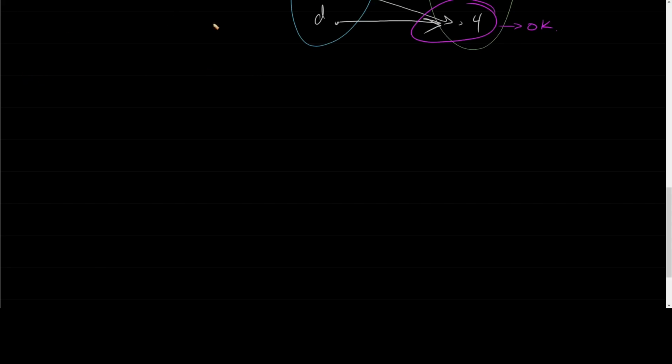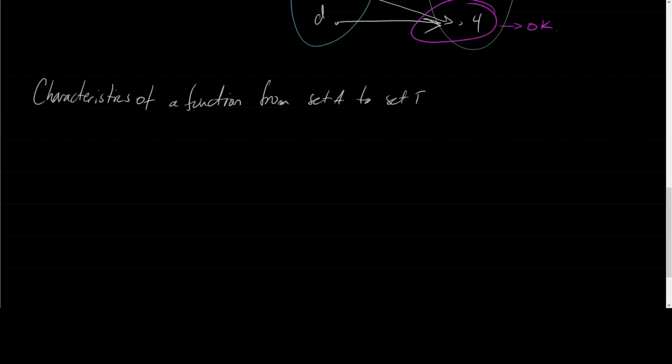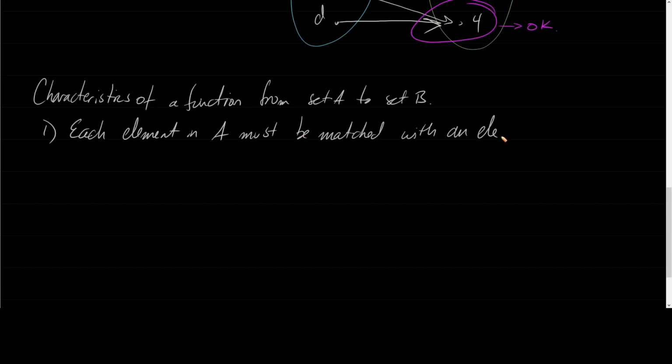Characteristics of a function from set A to set B: the first characteristic is that each element in A must be matched with an element in B. In other words, the entire domain is being used.